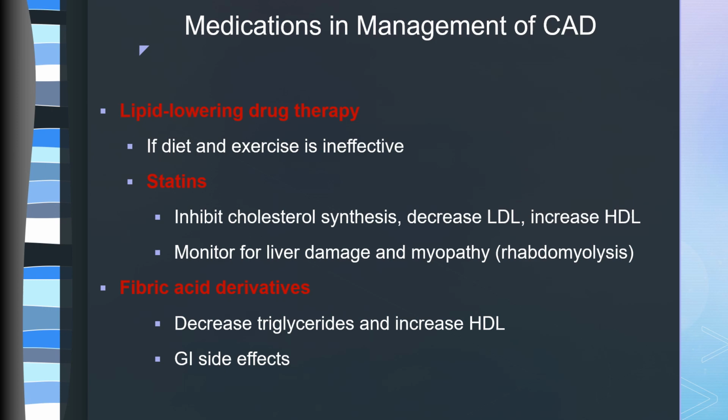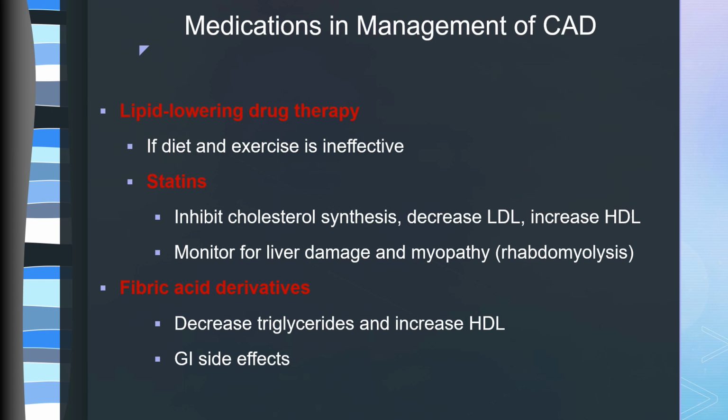First choice is usually a statin, and I believe this is the most commonly prescribed drug in the United States, but I could be wrong. Statins inhibit the enzyme involved in lipid synthesis, which will ultimately lower total cholesterol. It'll also lower LDL, increase HDL, and lower triglycerides.